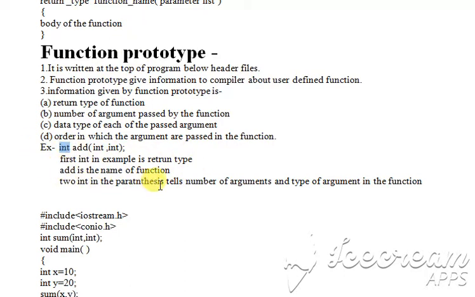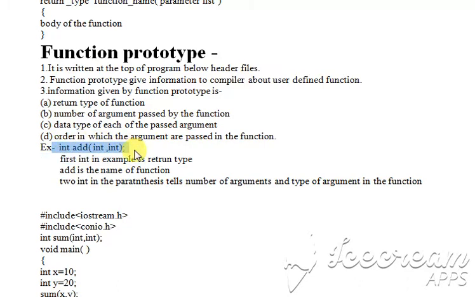ADD is the name of the function, so the second thing, it is also telling the compiler the name of the function. The 2 ints in the parenthesis tell the number of arguments. How many arguments? The number of arguments is 2 here. So it also tells the number of arguments and the type of arguments. Which type are they? Int. So 4 things we can say.